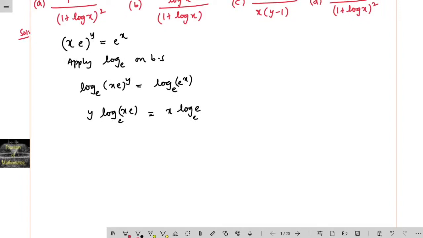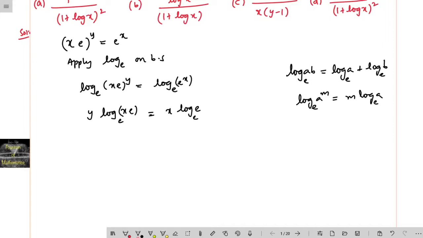And here we can use the log ab formula. We have log ab is equal to log a plus log b to some base. Let me take e here, any base, and log a power m is equal to m log a with some base.